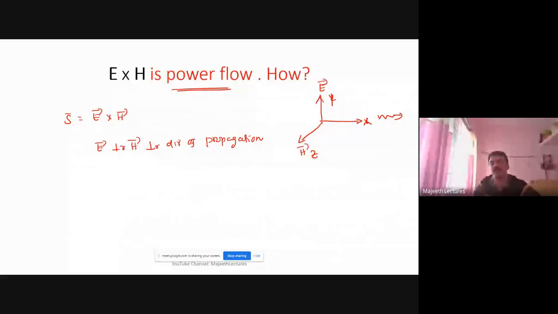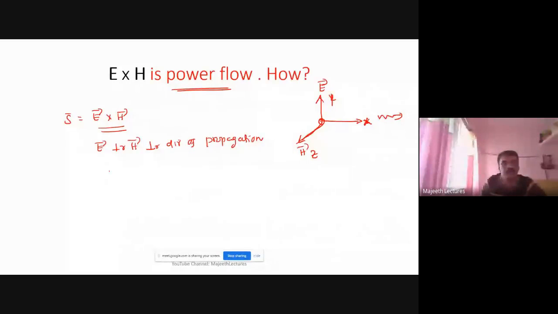So it is coming out, not going down. This I cannot draw. It is like it's coming out. Sorry, the magnetic field is in Z direction, the wave is in X direction, and the electric field in Y direction. This is what the meaning is. But how does E cross H prove this theorem? Let us see.